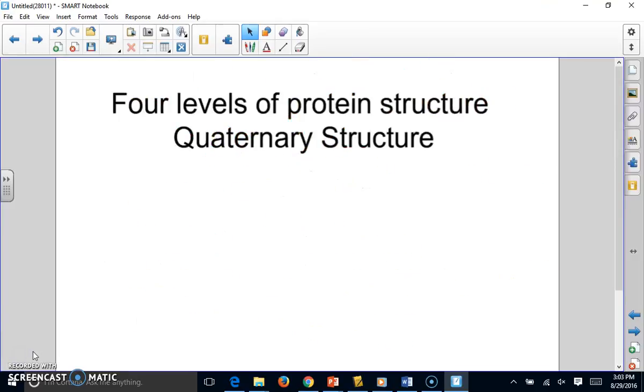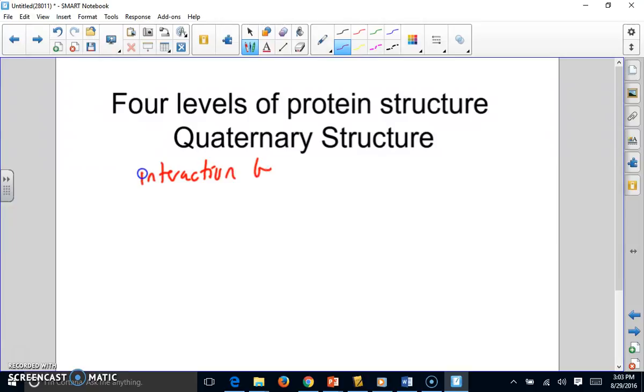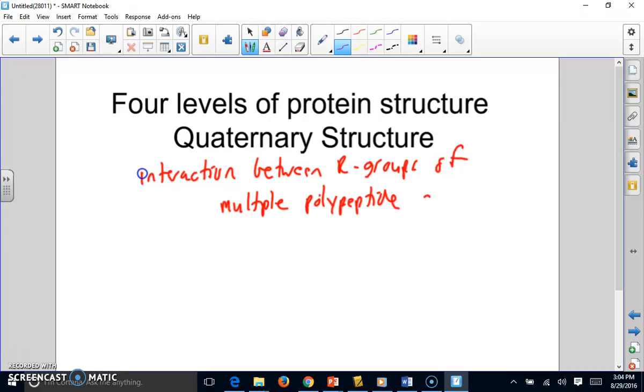So the last structure is quaternary structure. Quaternary structure is caused by the interactions between R groups of multiple polypeptide chains, and the interactions that happen in tertiary structure are the same as the ones that happen in quaternary structure.